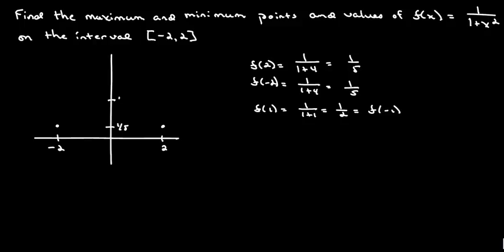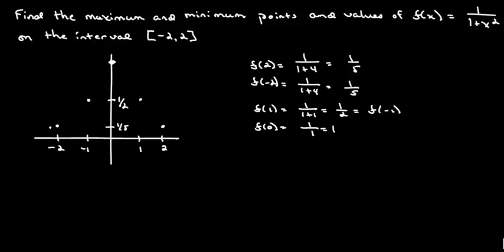Let's say this is 1/2. Here's negative 1, here's positive 1. So we're up here. And if we look at f at 0, we get 1 over 1, which is 1. So that point is up there, just like that.